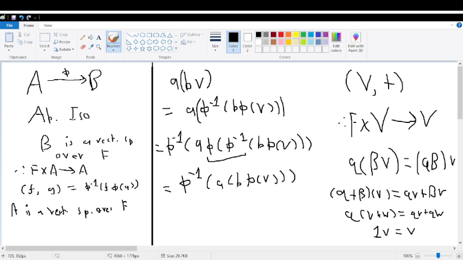Now, because B is a vector space over F, we have the associativity rule here. So this is equal to phi to the negative 1 of ab times phi of v, which is just equal to ab of v. So we have this. Let's check these off.